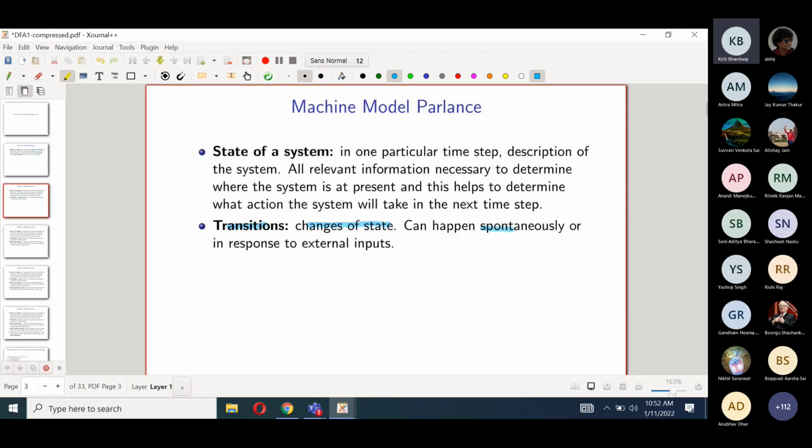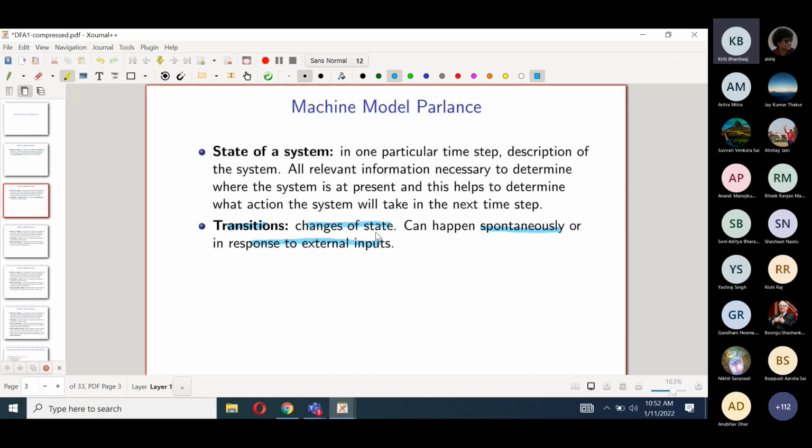Currently we are in the framework where we are looking at machines which are solving a particular language. So it is possible that the description of the transition is inbuilt, and some things can happen spontaneously, or the transition can happen in response to an external input.